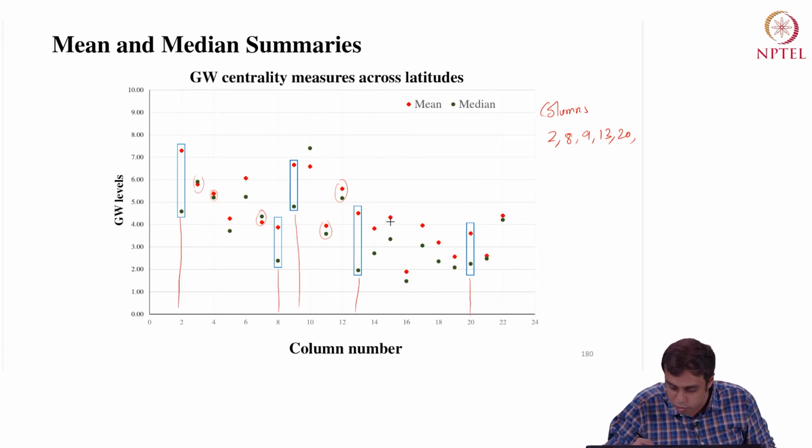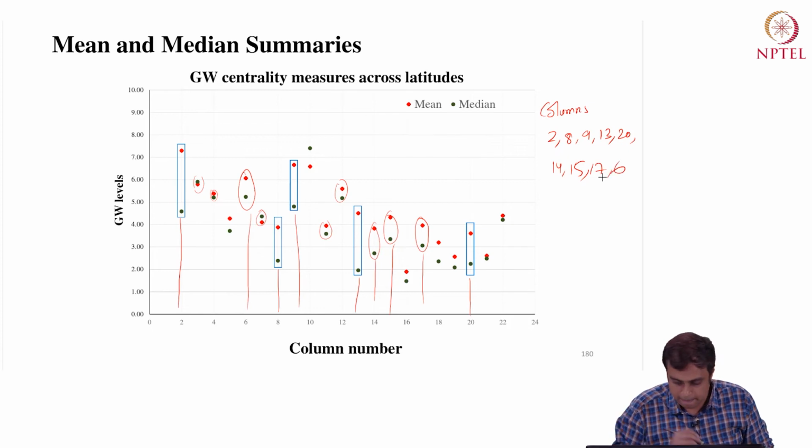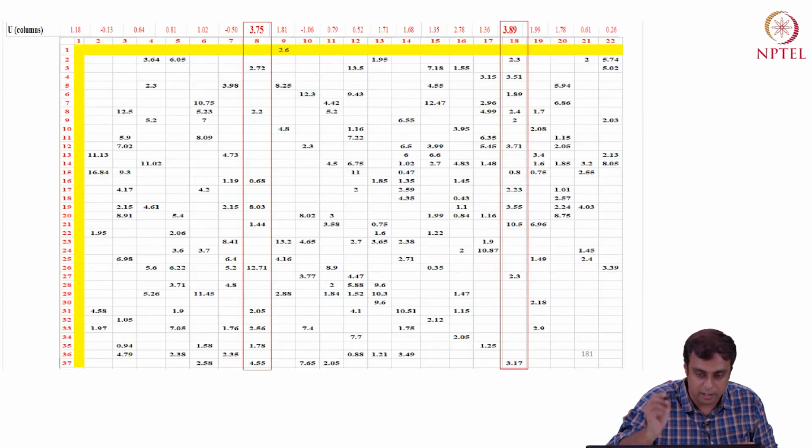I should probably also check all these other columns, I mean, they're not exactly quite small. So you have 14, 15, 17, all right, and maybe this one as well, number 6. Okay, so I'm going to recall them when I go back to the data set, and I'm going to look at these columns again carefully.